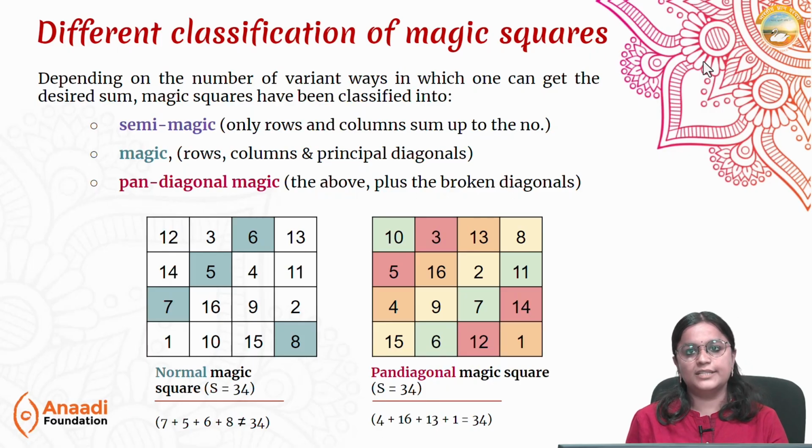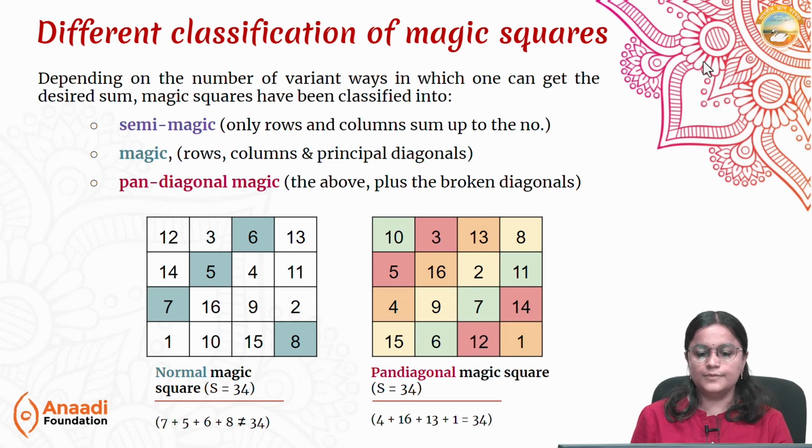Another way to classify magic squares is such. Depending on the number of variant ways in which one can get the desired sum, magic squares have been classified into the following 3. First is a semi-magic square, where only the rows and columns sum up to our magic sum.